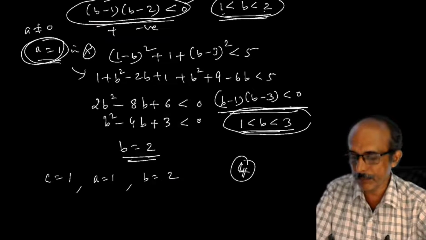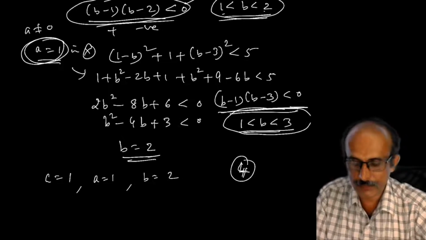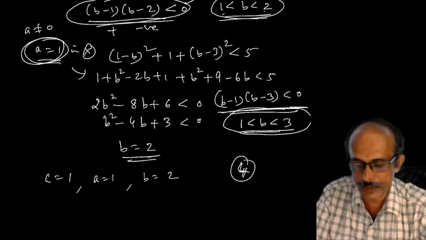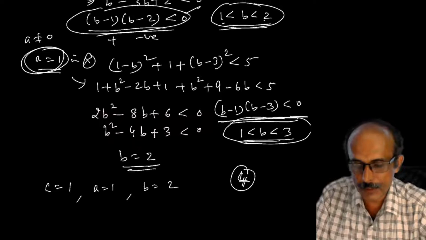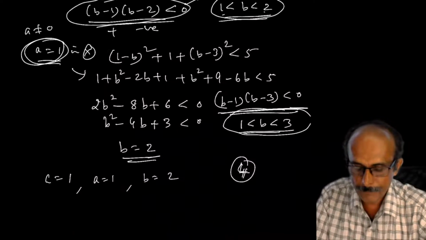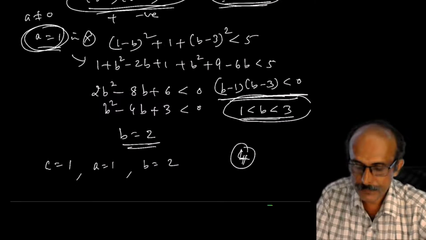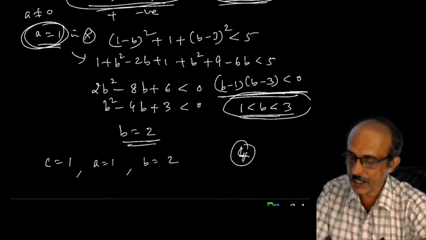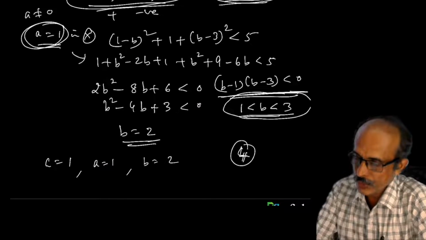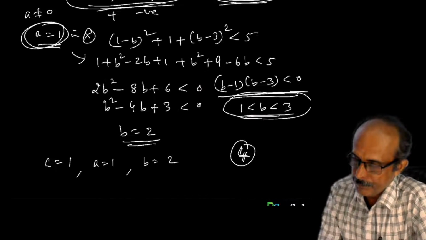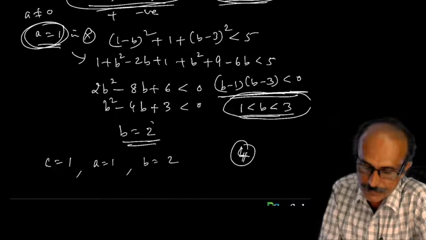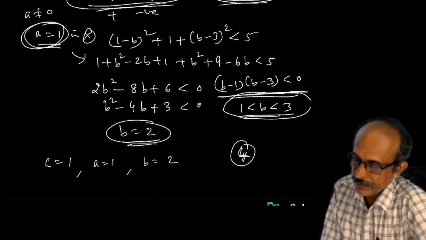But you should make sure that other possibilities are ruled out. So let us start with other cases. So b equal to 2 is the value we are getting, right?